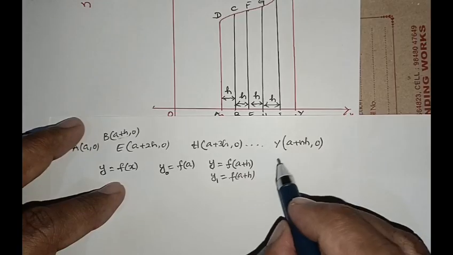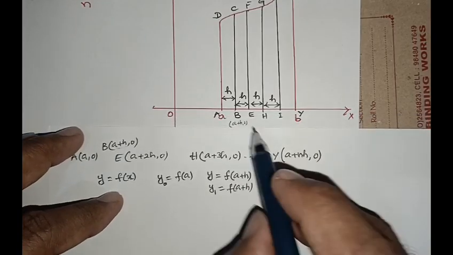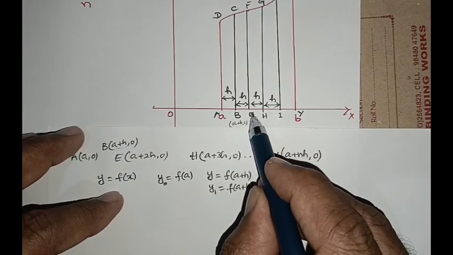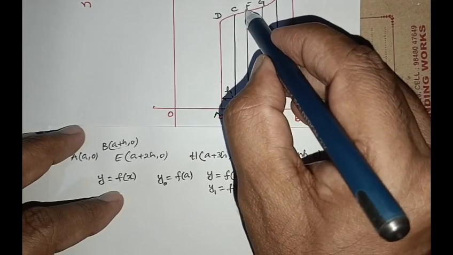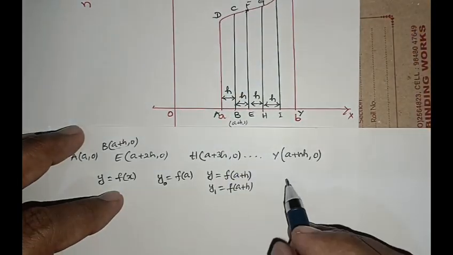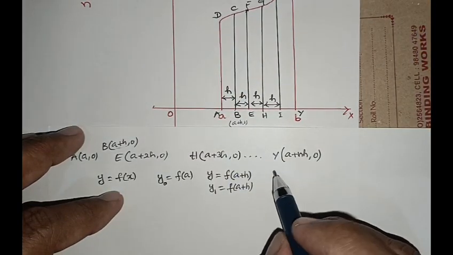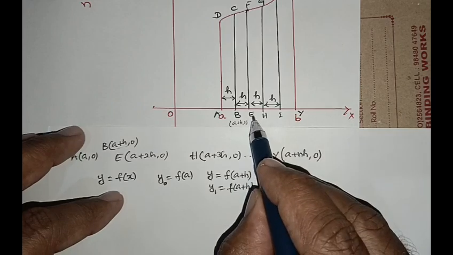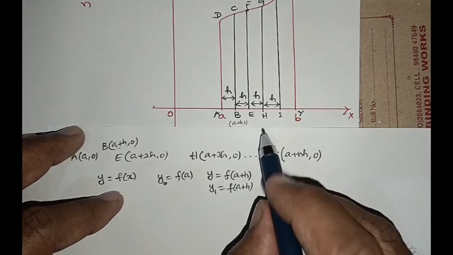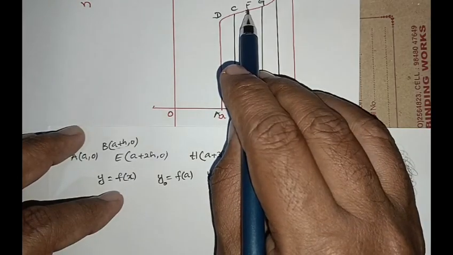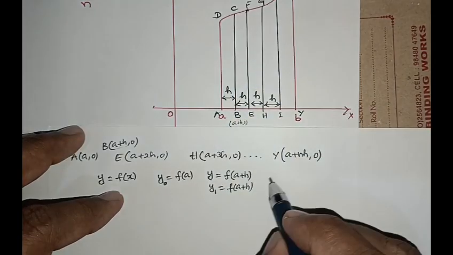In the same way, when we take the point E, what are the coordinates of F? The x coordinate is a plus 2h, and now for the y coordinate we have to substitute this value here.